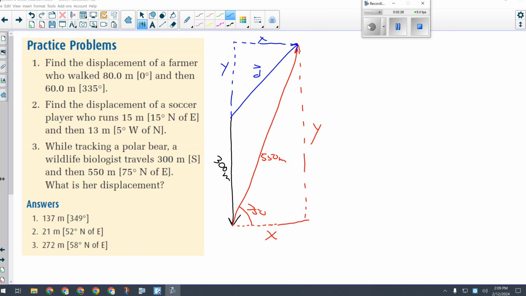Okay, so once we have the diagram drawn and we've been careful about our scale, we need to find all the x and y components. Finding the x and y components for the first 300 meter due south vector is really easy. What's its x component? How far east or west does that one go?